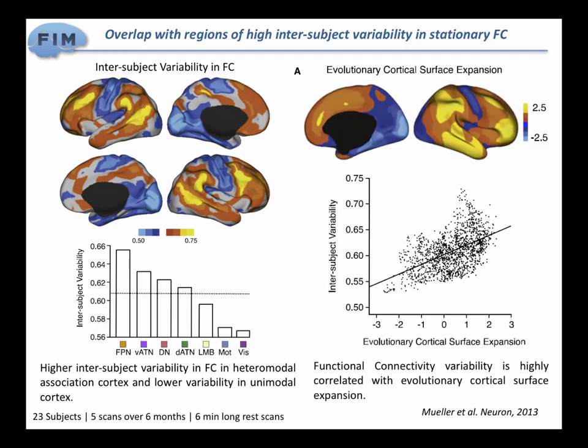And something curious to think about is that these regions are the ones that evolved later in time from an evolutionary point of view in the brain, and those are the regions that tend to be involved in higher order cognitive functions.